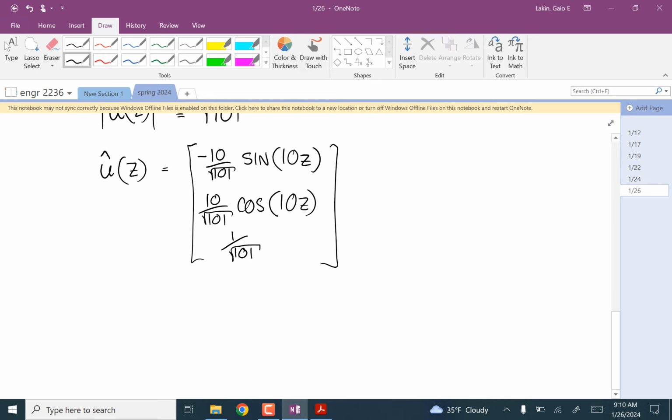And now we just have to multiply that by the speed to get the velocity vector. The velocity vector is a function of z.